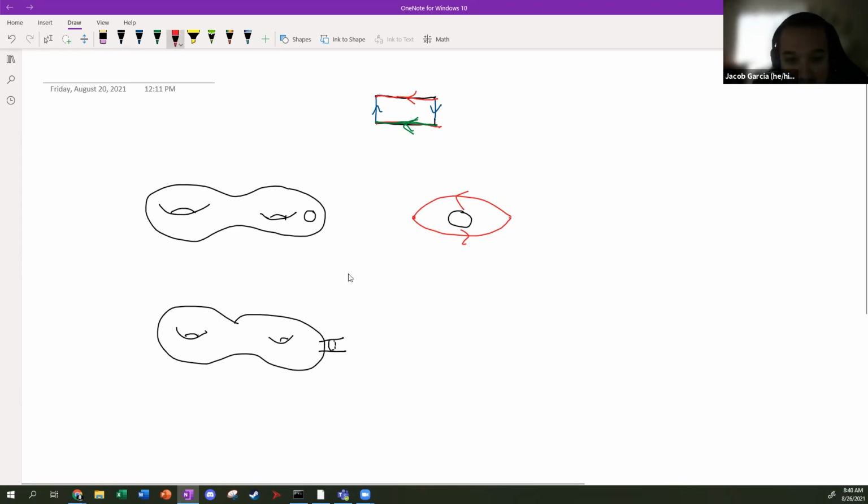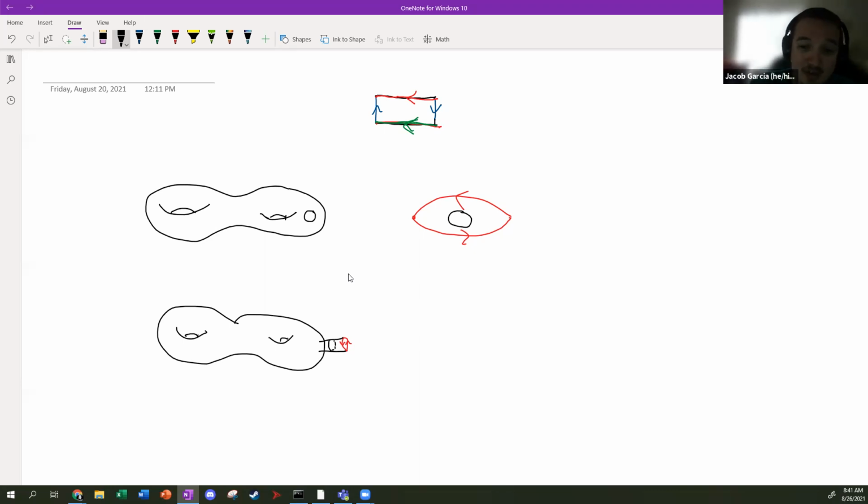The top bit of the cylinder having its edges identified like this. But notice that for the bottom of the cylinder, I did not punch out a disk and then glue this onto the disk. I just identified a disk and glued this onto the disk. So there's no hole on the bottom of this cylinder here. This is a smooth thing.